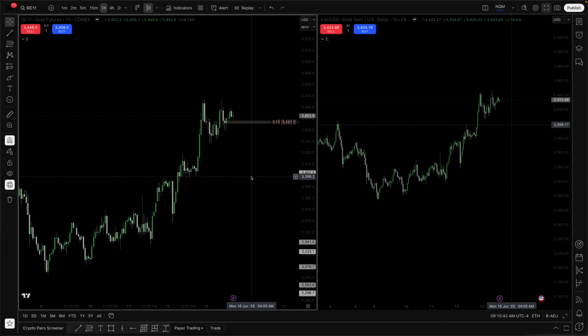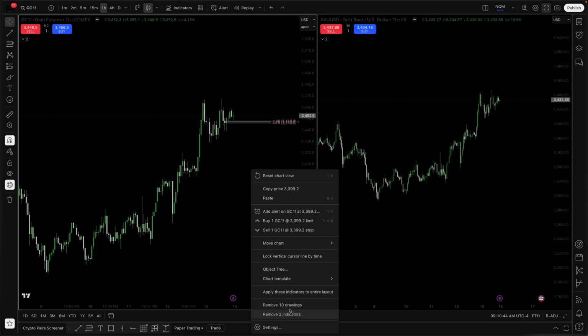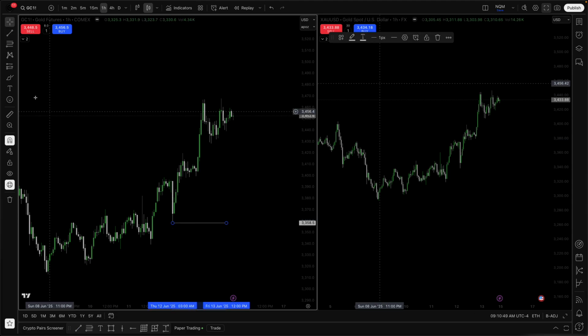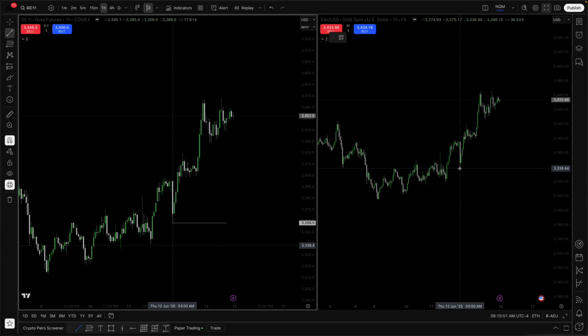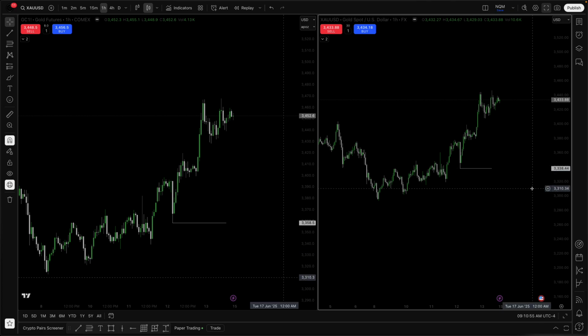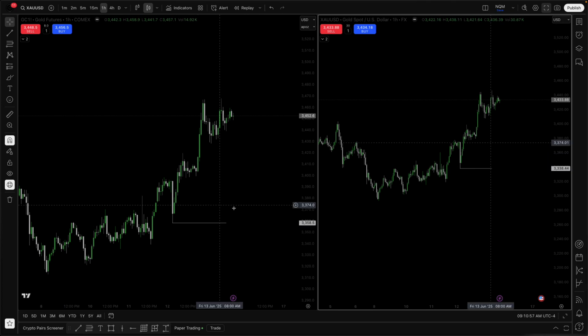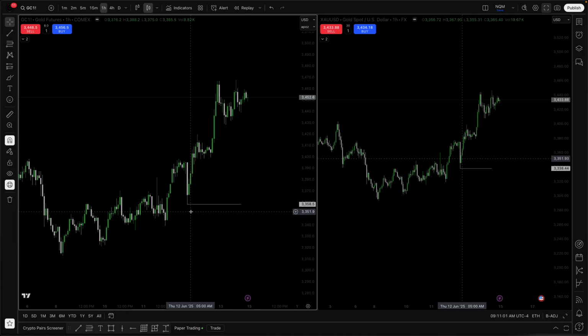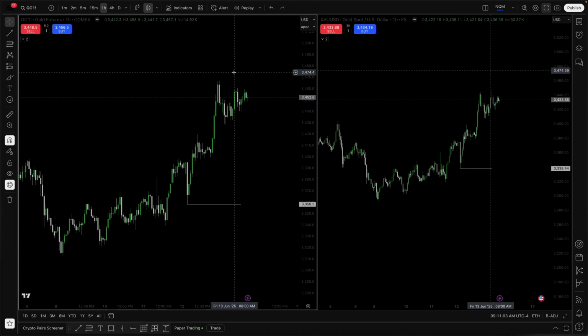So coming to the current, remove drawings, yeah. Let's again take another random position. So this is 338 and this is 358. So about a $20 difference. Why? Because in the future they're expecting this to rise by $20.